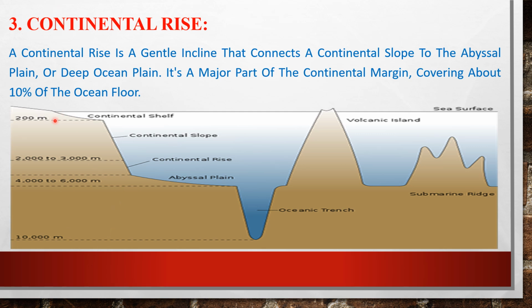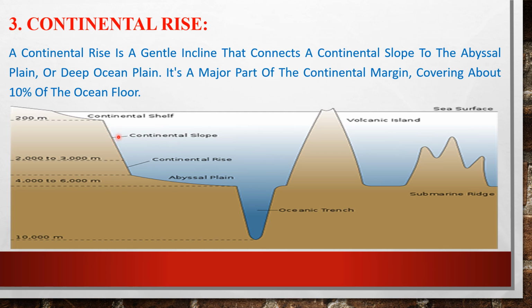This is the picture. 200-meter continental shelf, and we know the continental shelf is known as the fishing field. There are zooplankton, phytoplankton, and many things, and nutrition is available. So fishing grounds are found in this relief feature of the ocean bottom. And this is the continental shelf. This is the continental slope. Its angle is very steep.